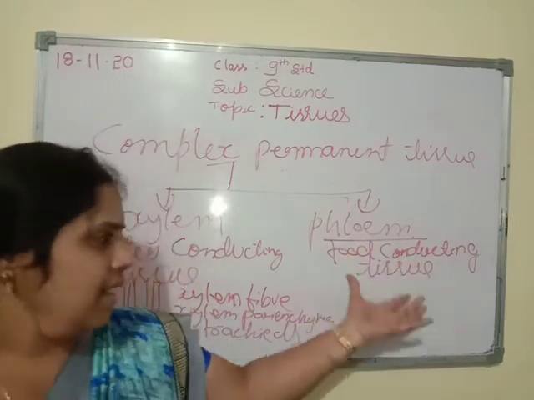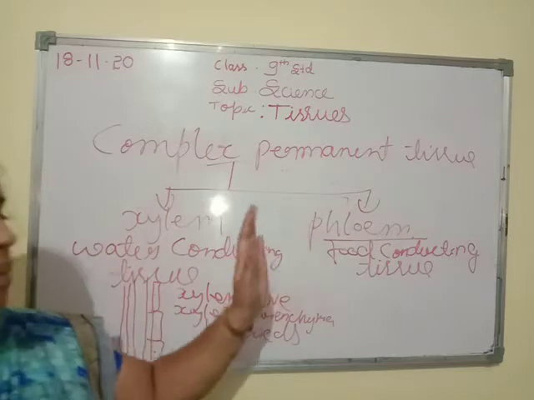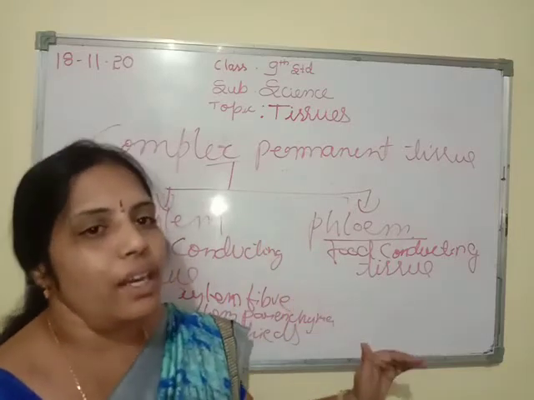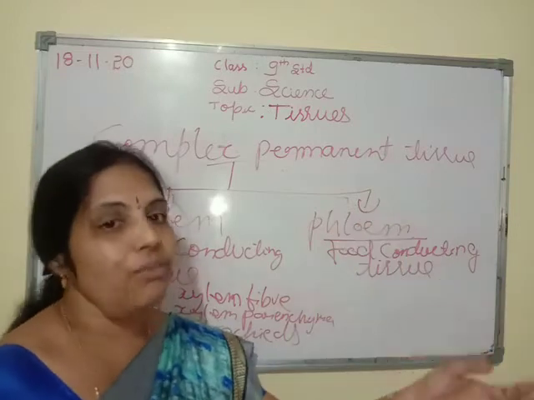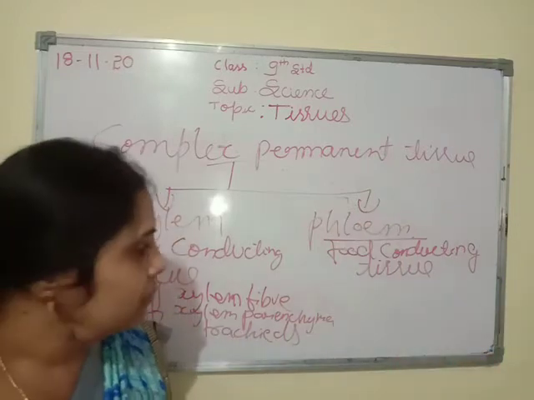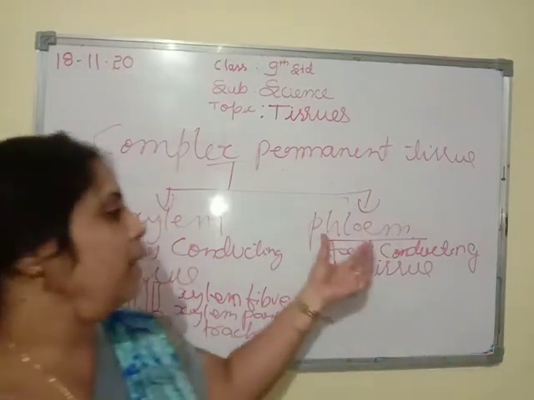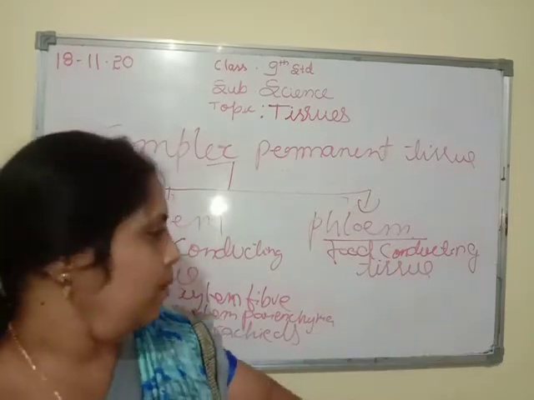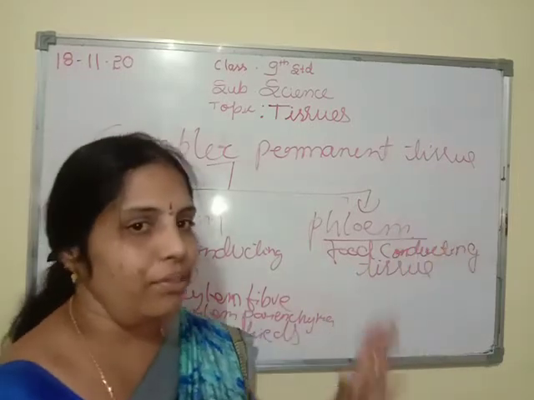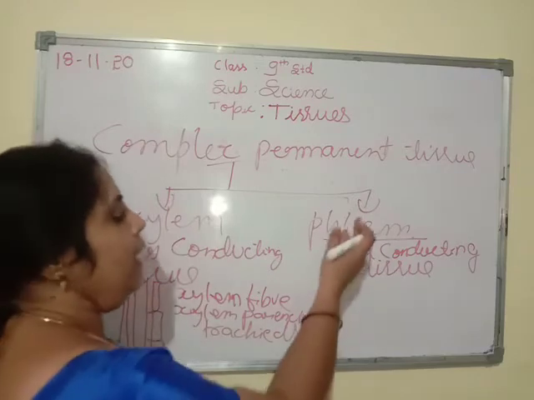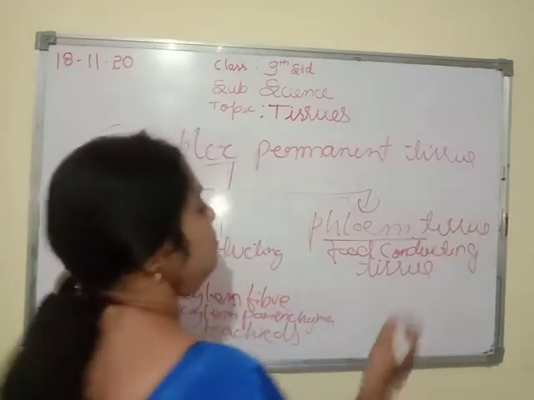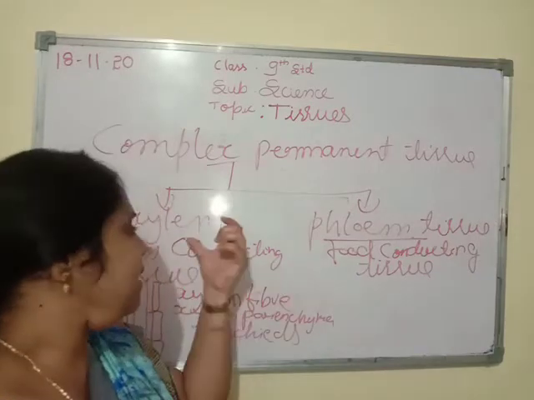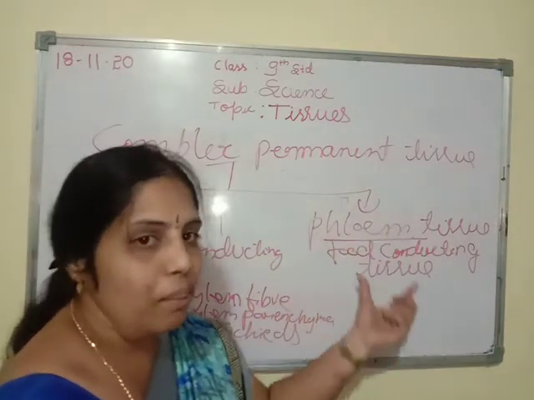As the name says, phloem always helps in the conduction of food from one place to another place within the body of the plant. Let us see how it conducts food from the leaf to other parts of the plant body. Like xylem, phloem also has many cells.